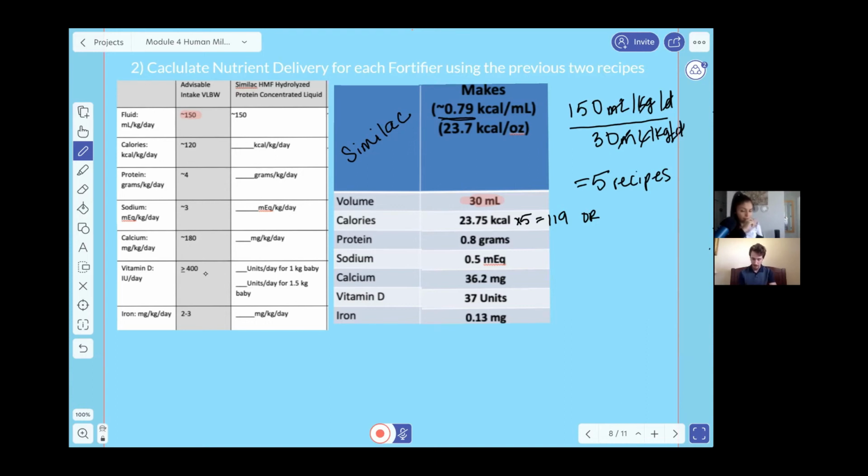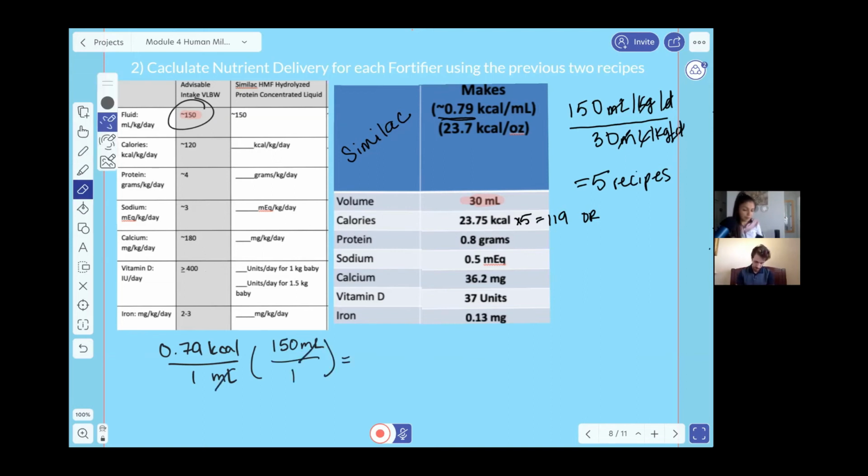So if we were to do the math that way, we would write it as 0.79 calories per milliliter. And like Janine said, we have 150 milliliters. So we're going to multiply that by 150. The milliliters are going to cancel out. And that will give us our 119 kcal. So both ways would give you the same answer. Correct. So we have 119 kcals.